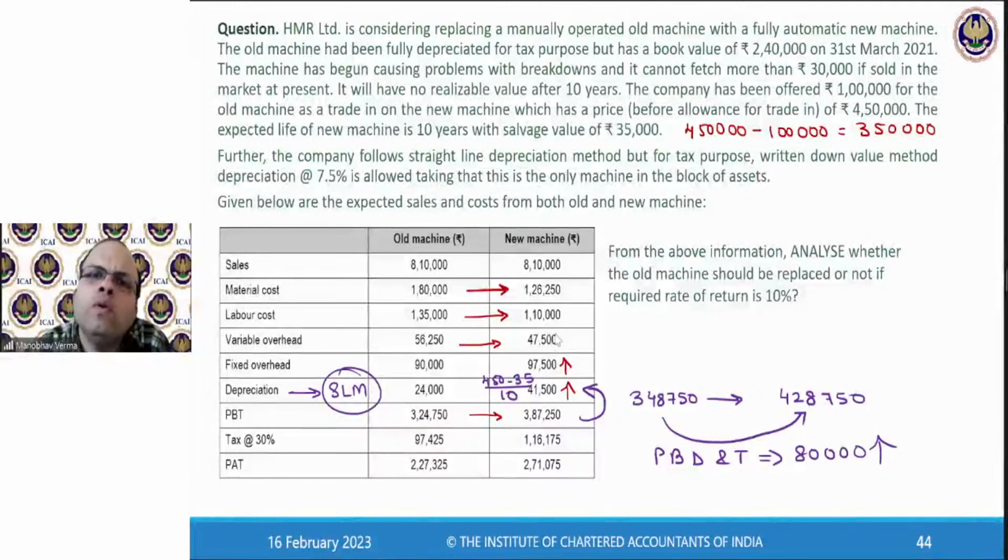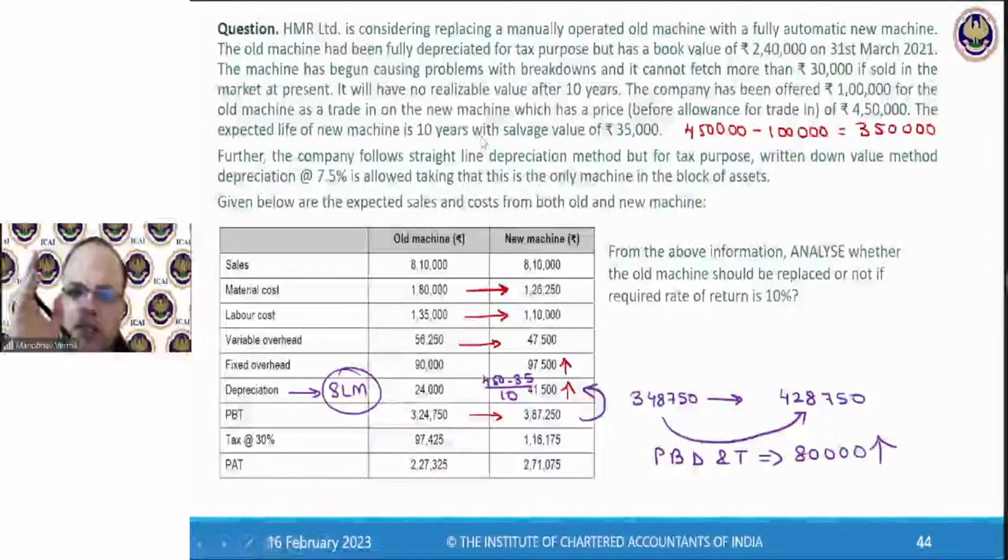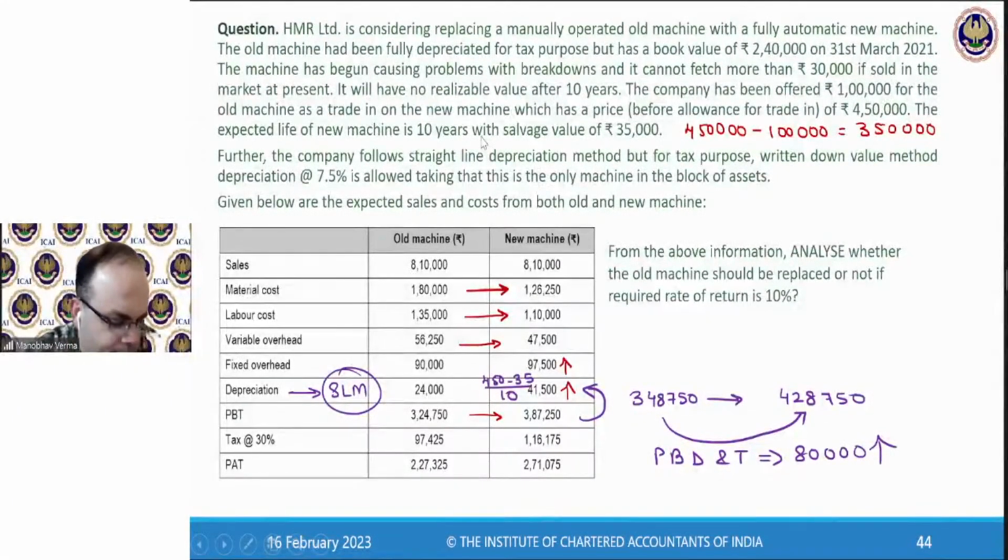Everyone okay, guys, till now? I think what I'm heading towards is calculation of incremental cash flows of this 80,000, and we will adjust it with depreciation. Then we'll calculate the present value and compare with 3,50,000. That is what we are heading to. Everyone okay with these 2 points, guys?